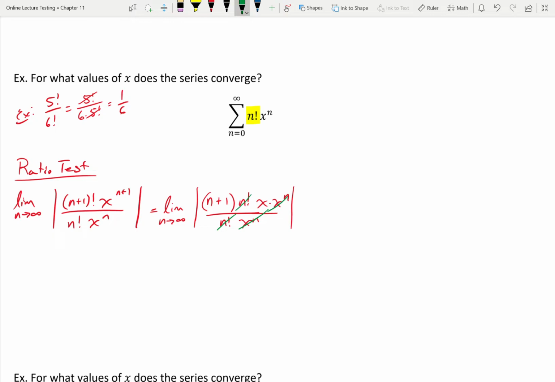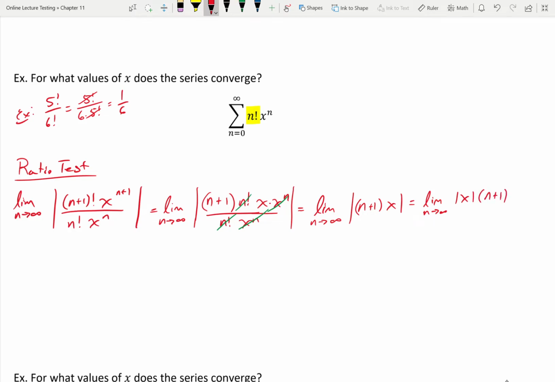And the only thing that we have next is just this limit as n approaches infinity of the absolute value of n plus 1 times x. Well, one thing I can do with this absolute value is I could say, well, this is the limit as n approaches infinity of the absolute value of x times n plus 1.